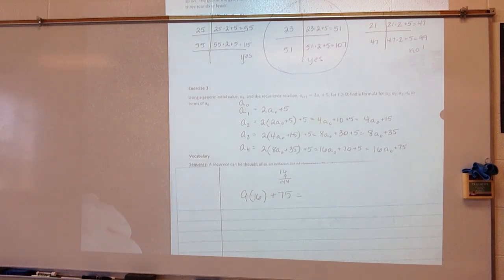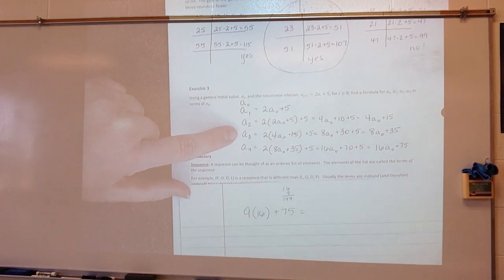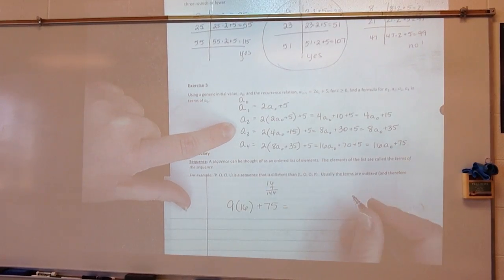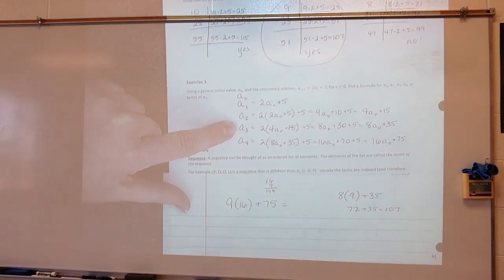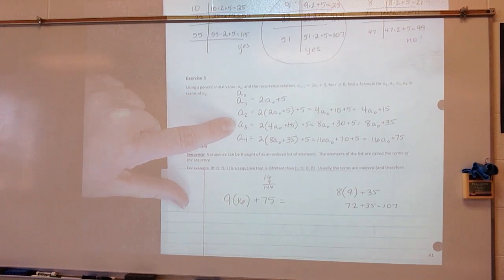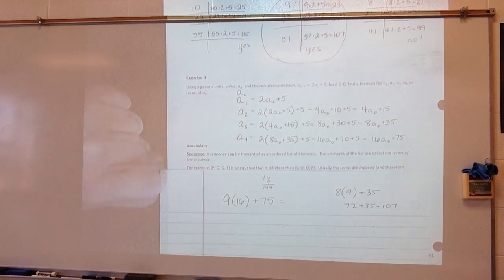That would work. Actually I wouldn't even have to go to that one. I could go to round 3, because they wanted it in 3 rounds or less. So I could do 8 times 9 plus 35. That's 72 plus 35. That gives me 107. So that would work. I could plug in something here and figure out, would that give me what I need.